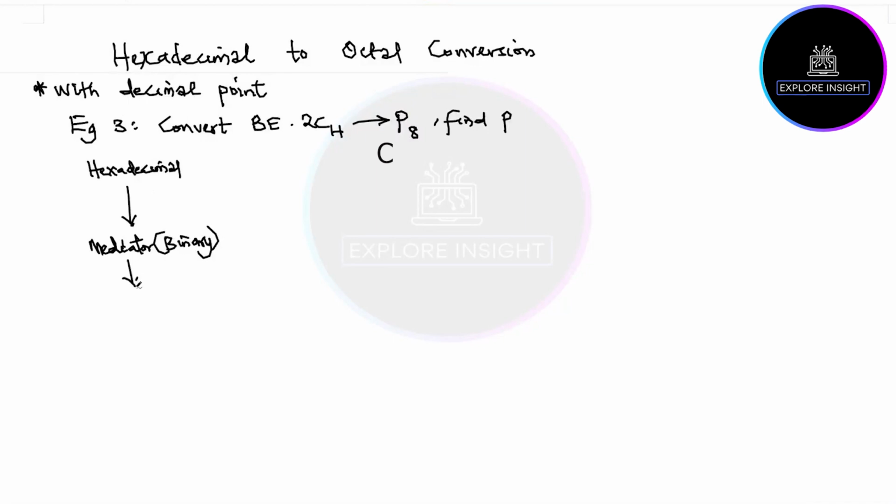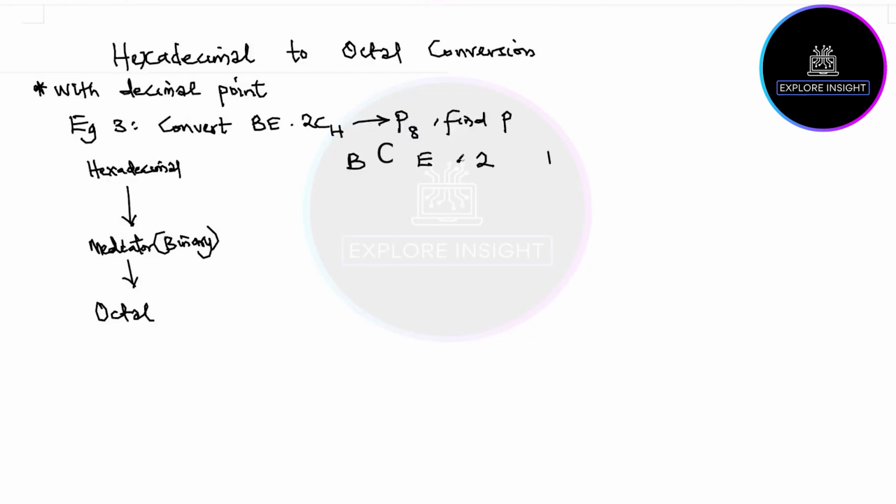And from the mediator, we go to the final destination, which is octal. So just to spread that out, we have BE.2C. Remember to put the dot.